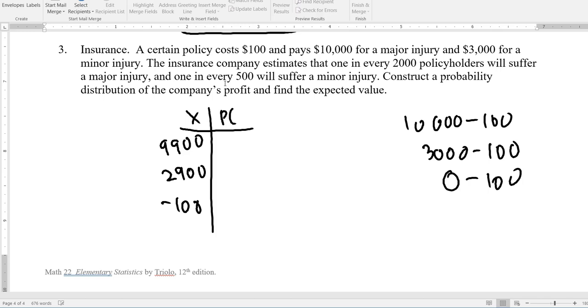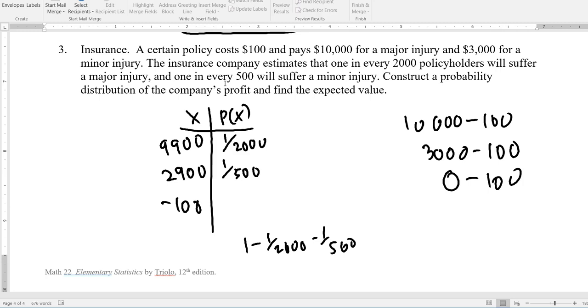How do I get the probabilities? This is not a big binomial distribution. They're going to give this to us. Look, 1 in every 2,000 suffer a major injury. What's the probability of that major injury? 1 in 2,000. What's the probability of a minor? 1 in 500. And what's the probability of not suffering an injury? Everybody else, right? So that would be 1 minus the 1 over 2,000 minus the 1 over 500.